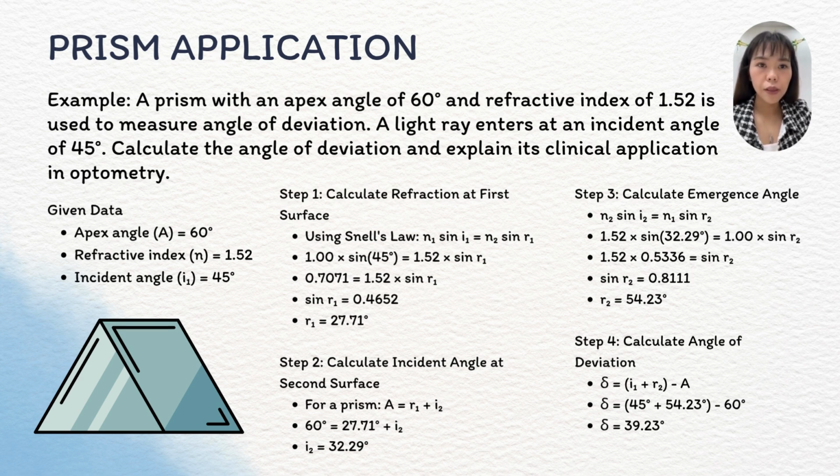This example demonstrates how prisms bend light by refraction and how the deviation depends on both the apex angle and refractive index. In optometry, this concept is important for understanding how prisms redirect light to correct binocular vision problems.